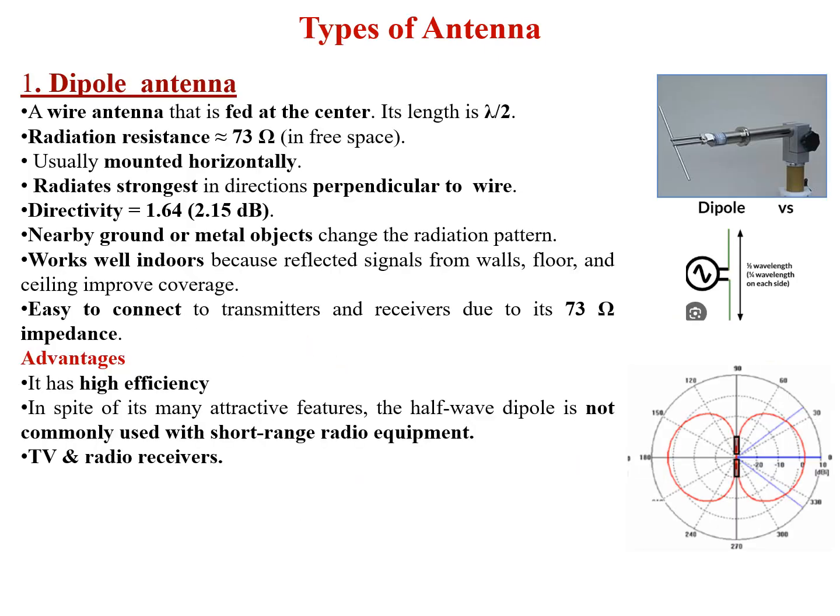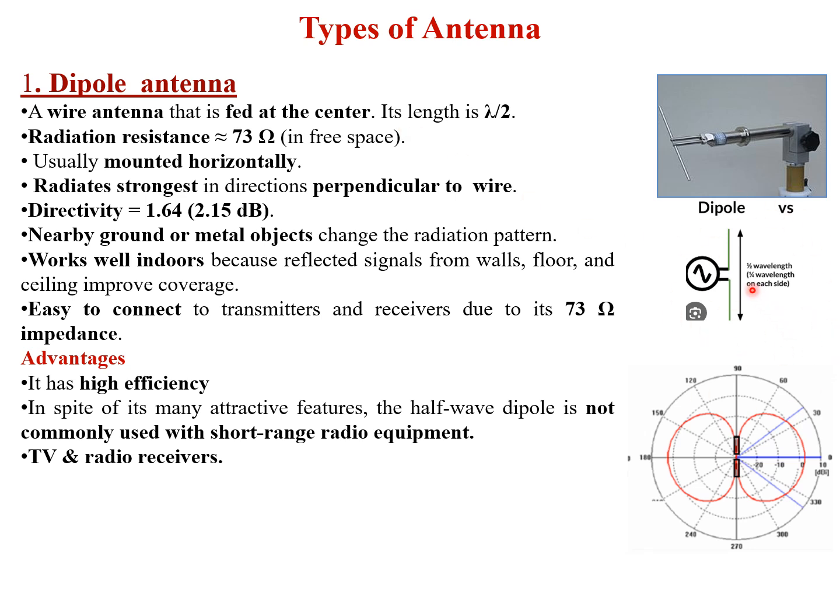Types of antenna. The first one is the dipole antenna. It is a wire antenna that is fed at the center. Its length is lambda by 2 and the radiation resistance of a dipole antenna is 73 ohms in free space. It is usually mounted in the horizontal direction.